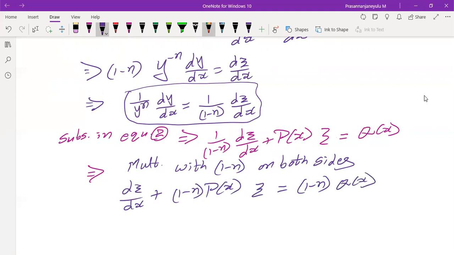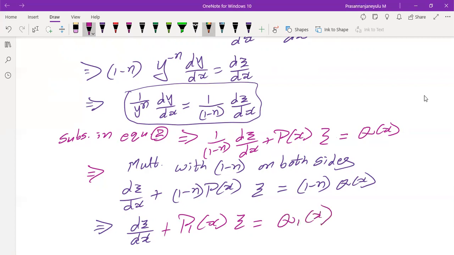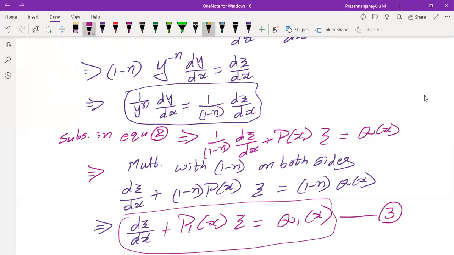Now, 1 minus n is a constant value. So can I replace 1 minus n into p of x with p1 of x? Instead of p of x, I am taking p1 of x, and 1 minus n into q of x I am taking as q1 of x. Taking this as equation number 3, let me check whether that is equation number 2 or 3.